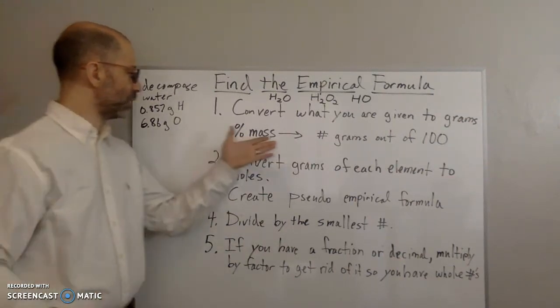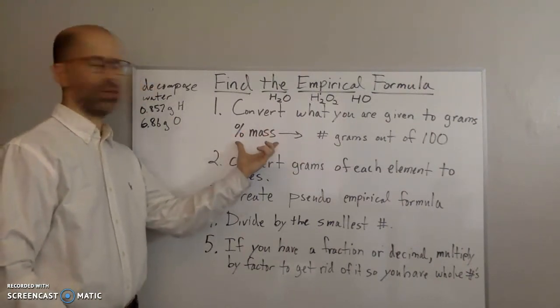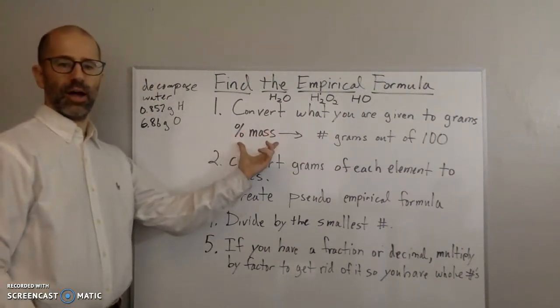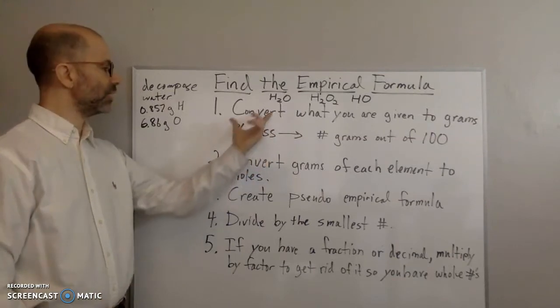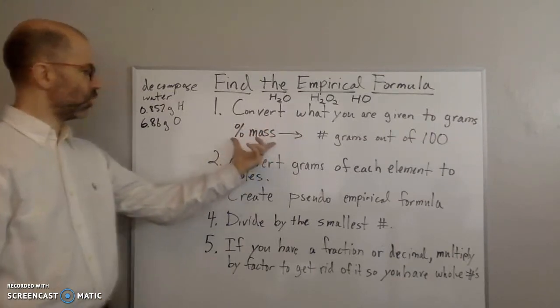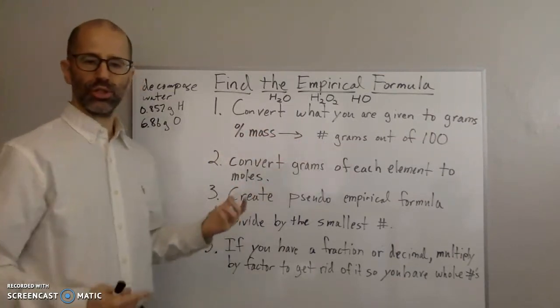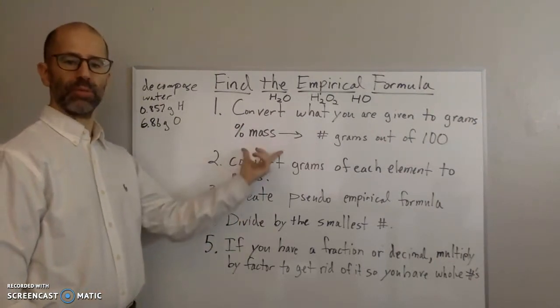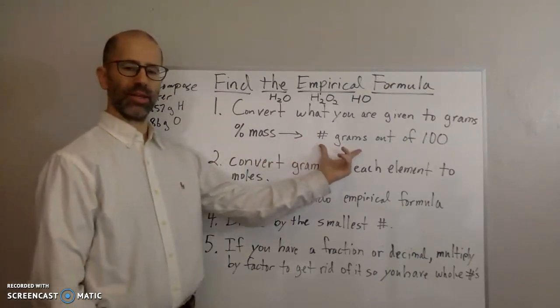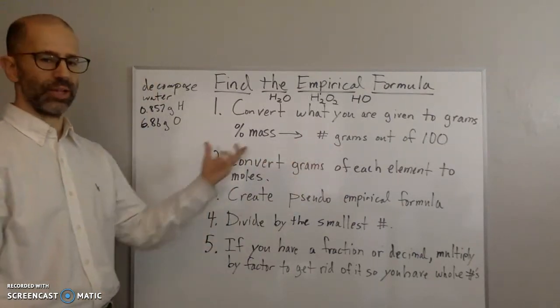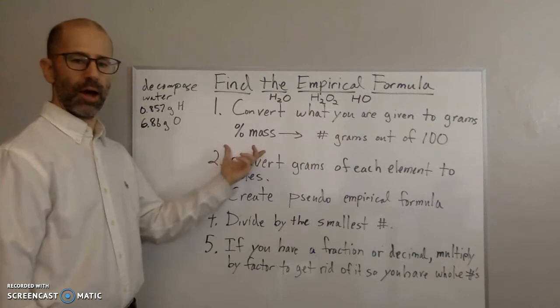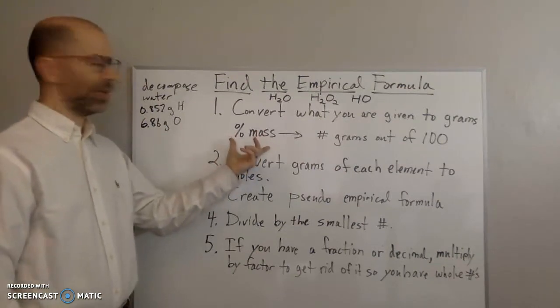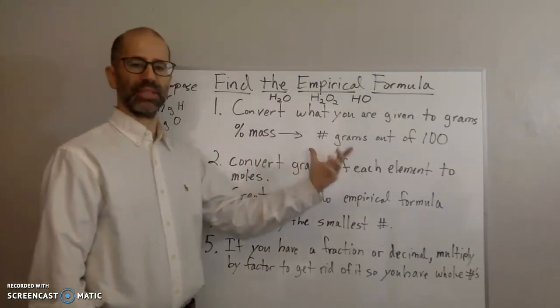The first thing you want to do again is, if they give you something like mass percent of each element, convert that to grams. All you do is assume out of 100, and whatever number of percent they give you, you make that the number of grams out of 100 grams. So if they give you 60% of carbon, for example, that's going to be 60 grams out of 100.